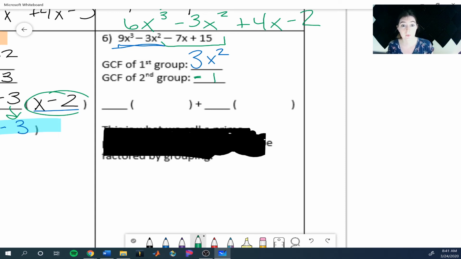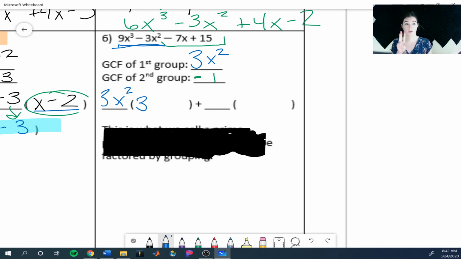Now we've got to factor out our GCF from both groups. So let's look at my first group, my blue group. 9x cubed minus 3x squared. If I factor out 3x squared, what will I have left? Nine divided by 3 is 3.